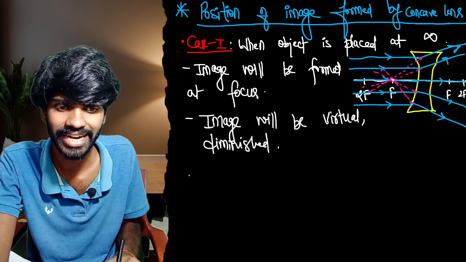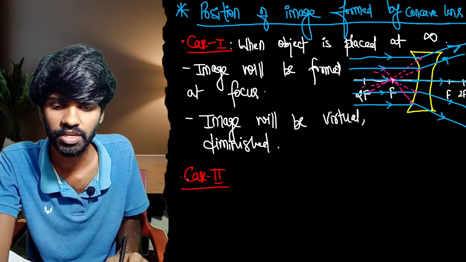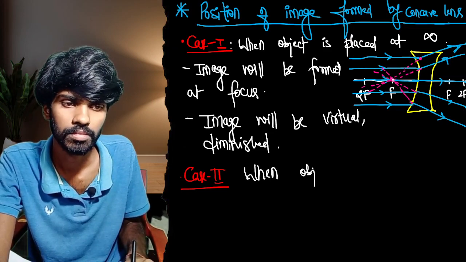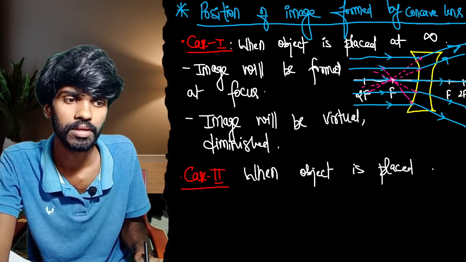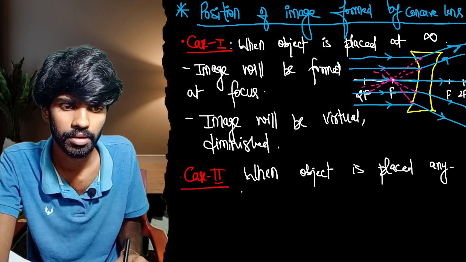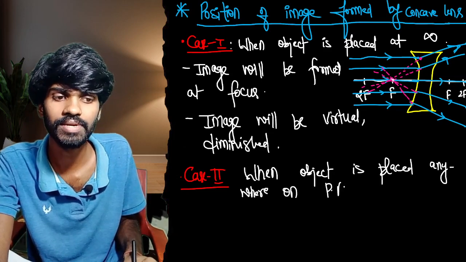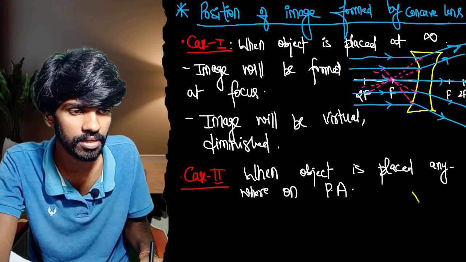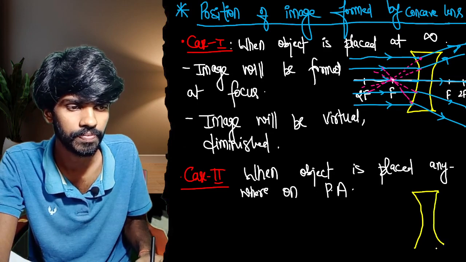Let us discuss the second case also. Second case will be when object is placed anywhere on principal axis. Okay, so here you will see that it is a concave lens.